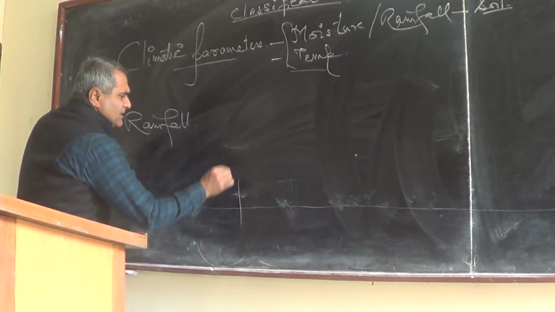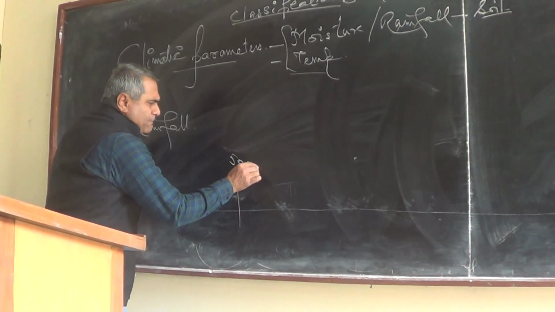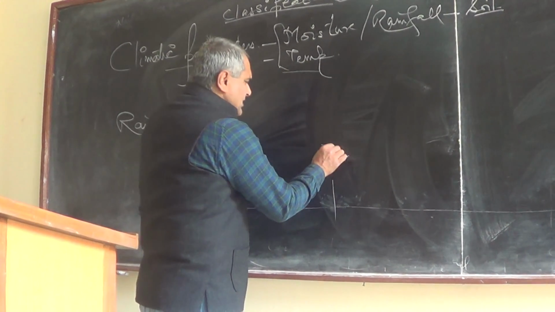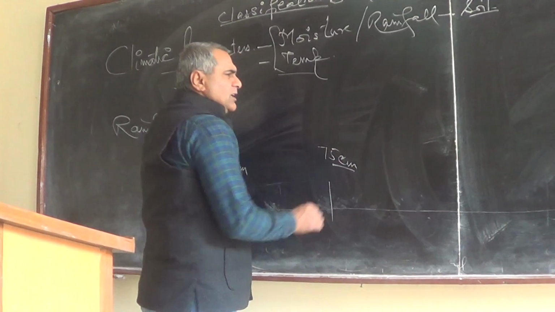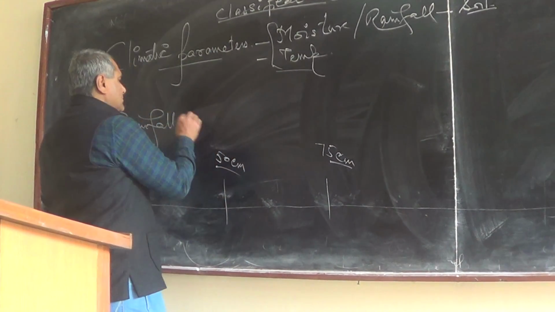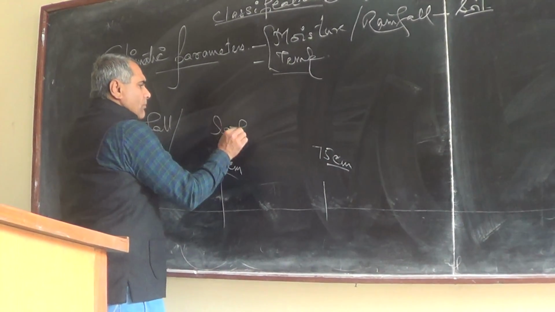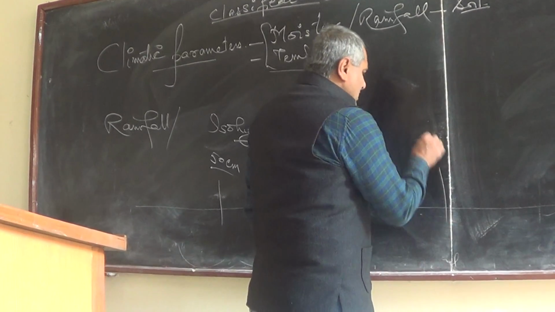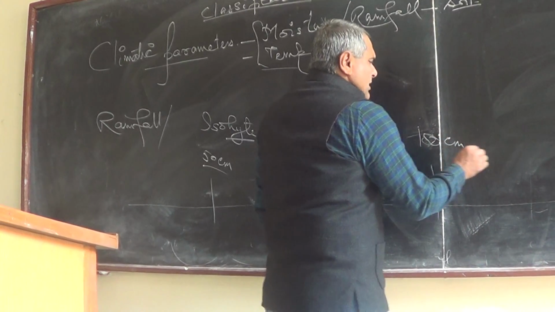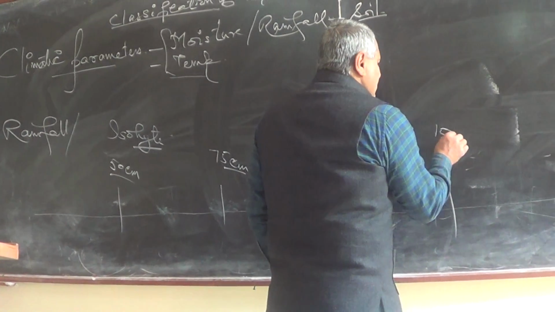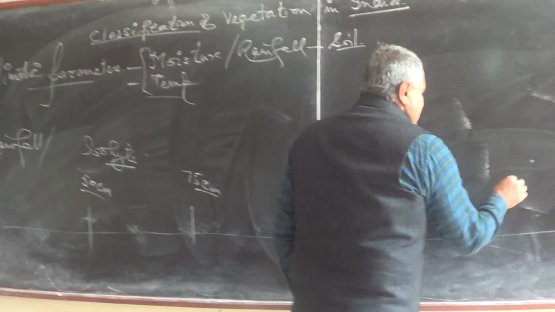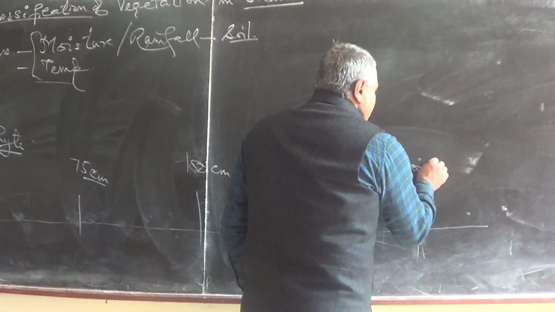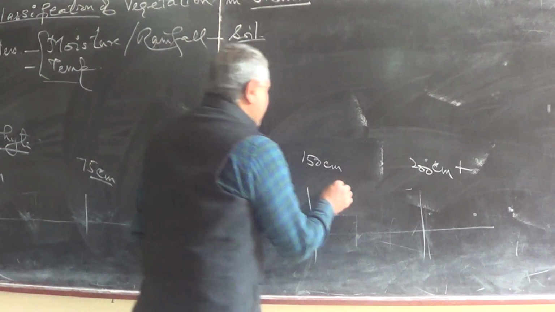If I say this is up to 50 centimeter line, this is say 75 centimeter isohyet, and say this is 100 centimeter, this is 150 centimeter, and this is you can say 200 centimeter and plus.